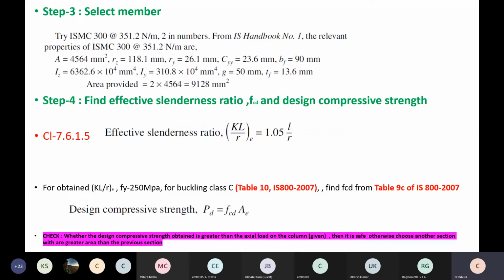It will be between 136 and 121, because for 80 and 90 they have given 136 and 121. So for 89 it will be between 136 and 121. Has anybody calculated that value?